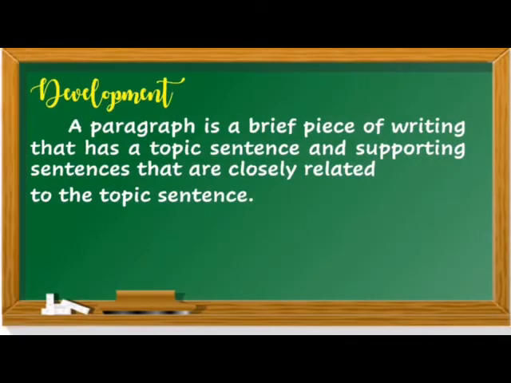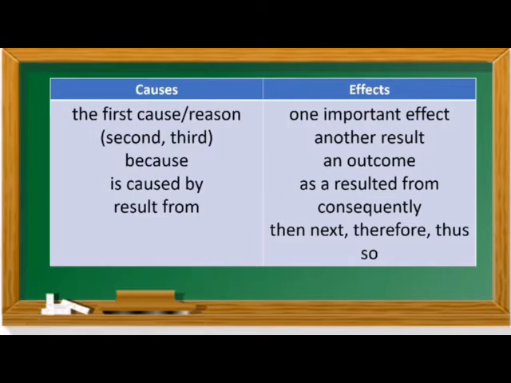So what is a paragraph? A paragraph is a brief piece of writing that has a topic sentence and supporting sentences that are closely related to the topic sentence. To begin with, let us see how a cause and effect paragraph is written. When writing a cause-effect paragraph, you may first list your ideas in a graphic organizer like this.